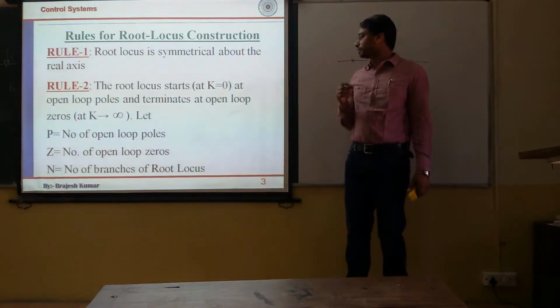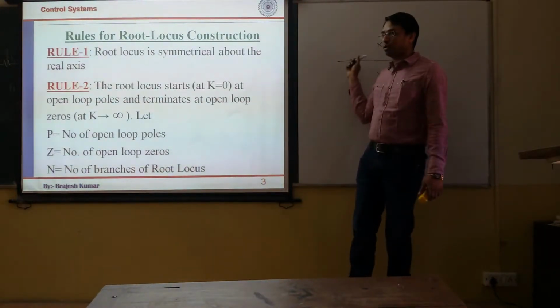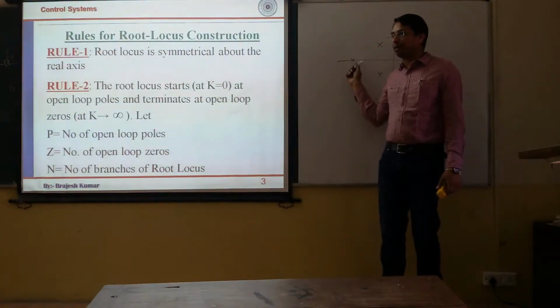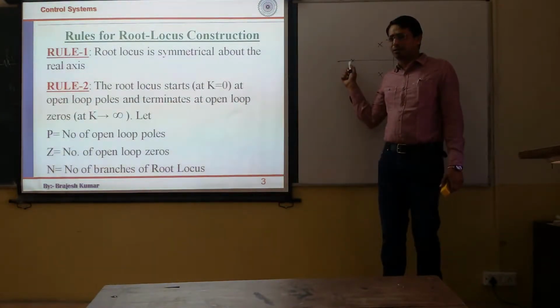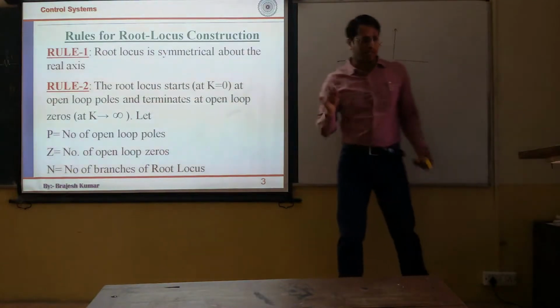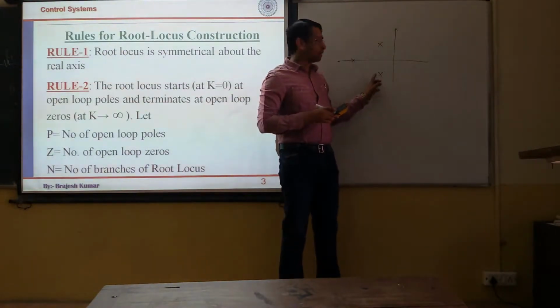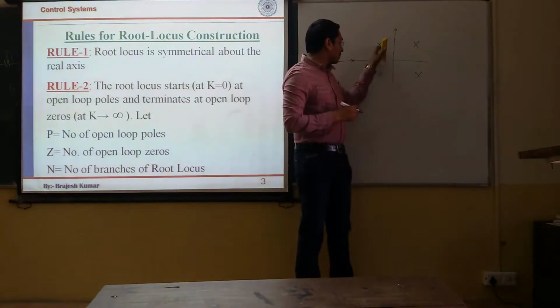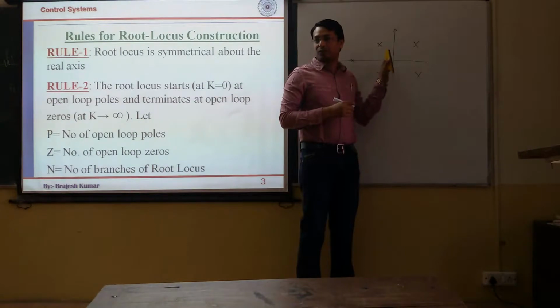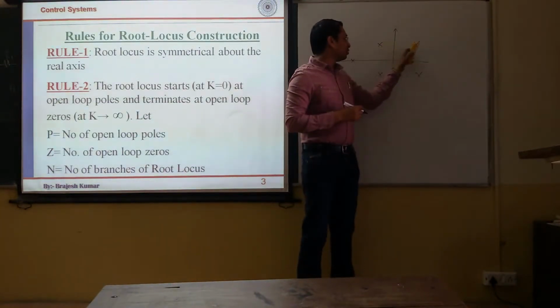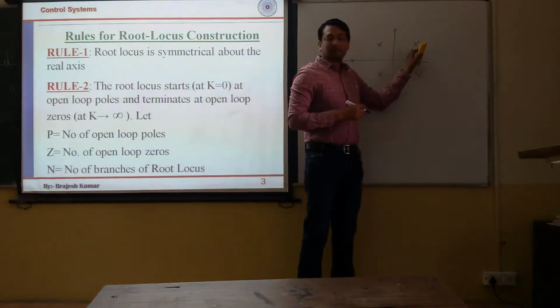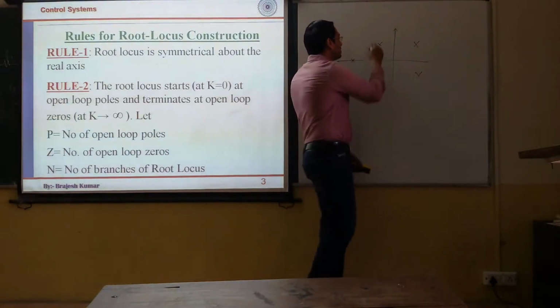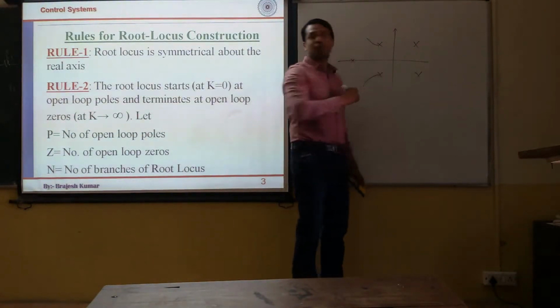Correct? So whether it may be a complex pair or whether it may be a root, or you can say a pole of the characteristic equation, a pole of your system lying on the real axis. Okay. So whatever may be the case, the value of poles, or you can say the value of roots of the characteristic equation, are at k is equal to 0. So with the change in value of k, it will move symmetrically.